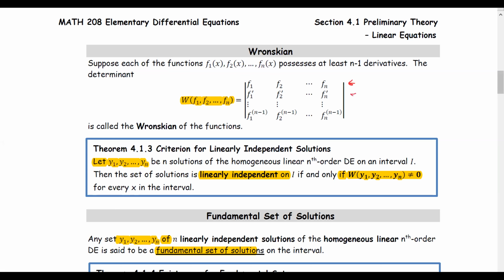The second row is the first derivative, and then keep going with the second derivative and higher orders until the n minus 1 derivative. Then you will get the n by n matrix and find the determinant. If the value of the determinant is not 0, then the set of solutions is linearly independent.